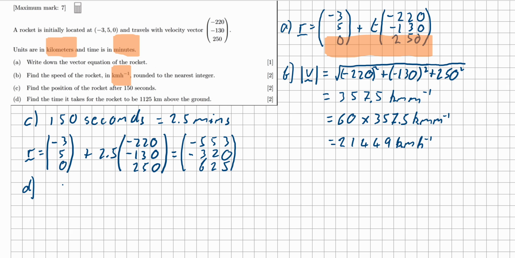So we've got 0 plus 250t. That's the Z part of our vector equation, equals 1125. So when we work that out, we do 1125 divided by 250, and this is in minutes, remember, kilometers per minute, so that's going to equal 4.5 minutes. Okay, and that's how long it's going to take it to be 1,125 kilometers above the ground.